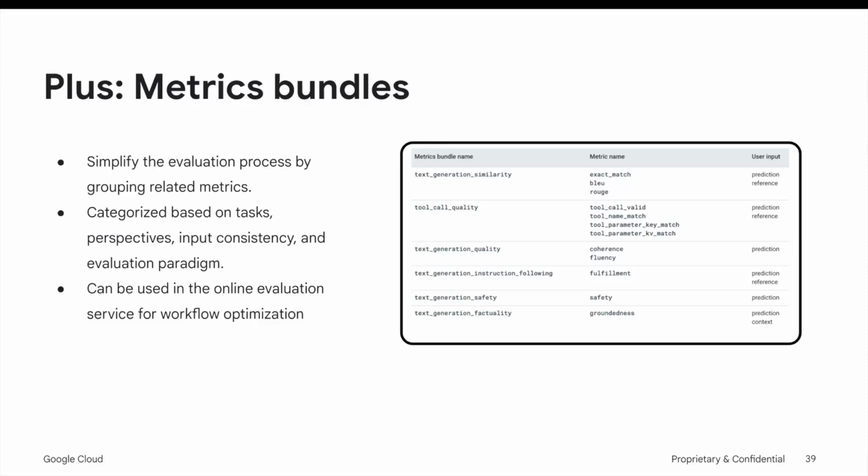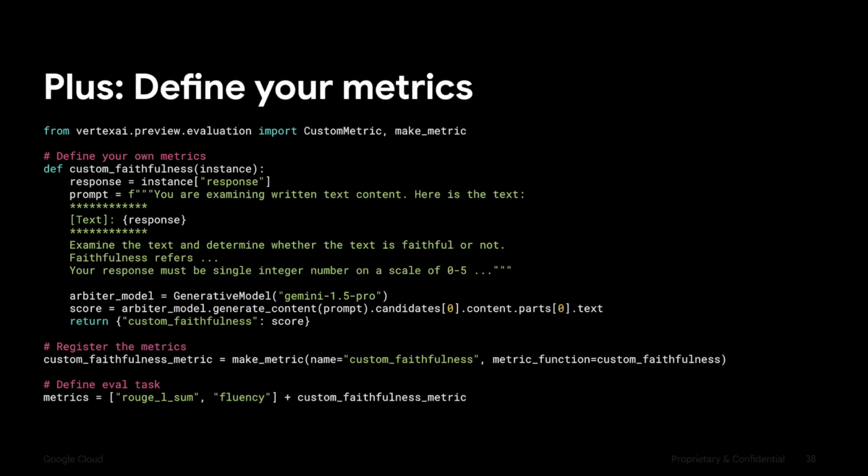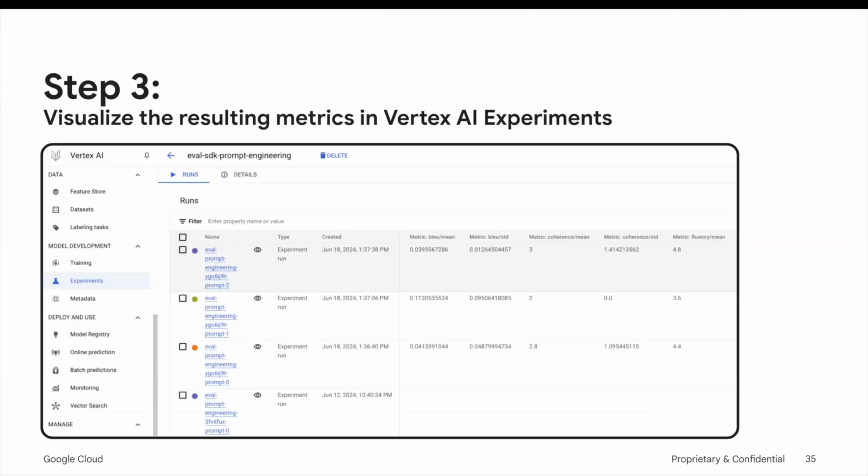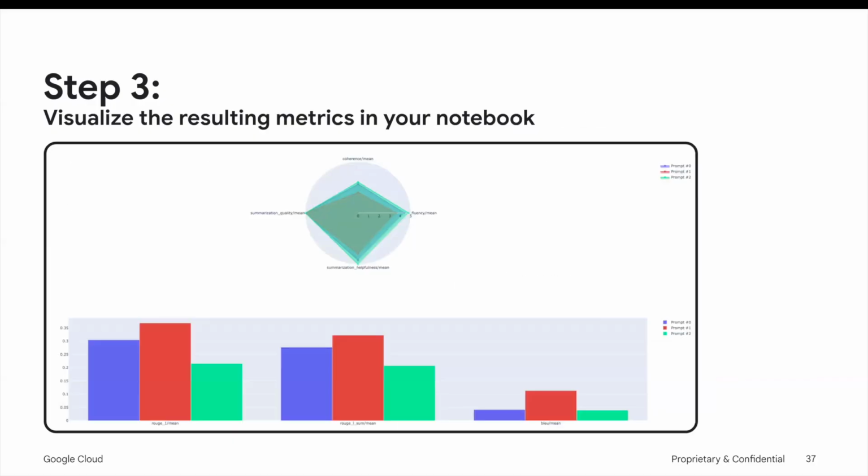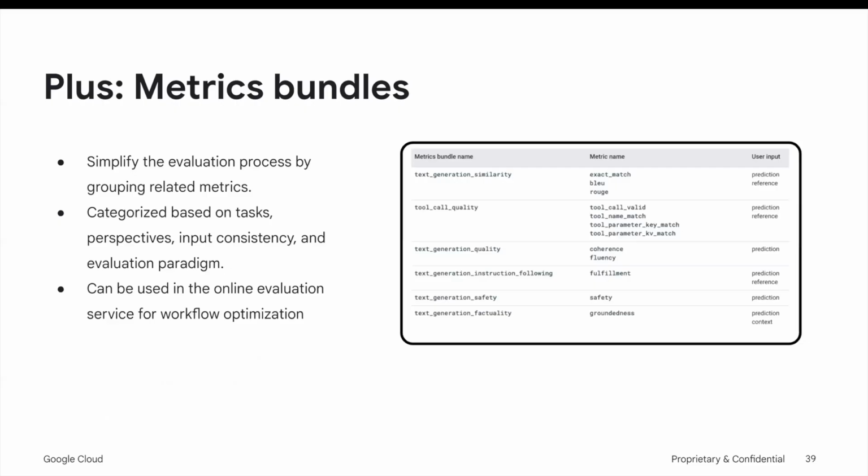Question: which of these metrics will showcase hallucinations? We have custom metrics. Specifically, we call it groundedness, and there are different types. If you're doing summarization, there's a summarization groundedness.